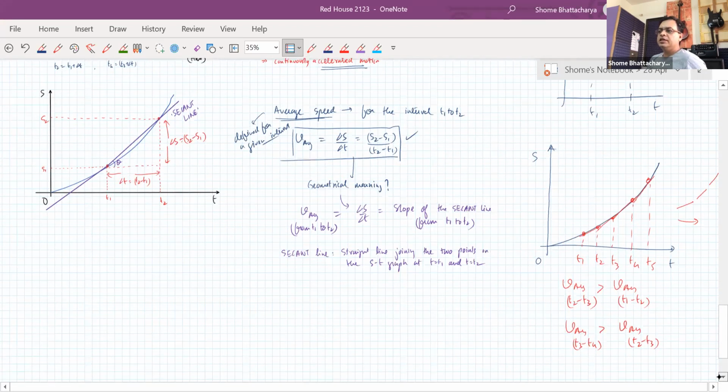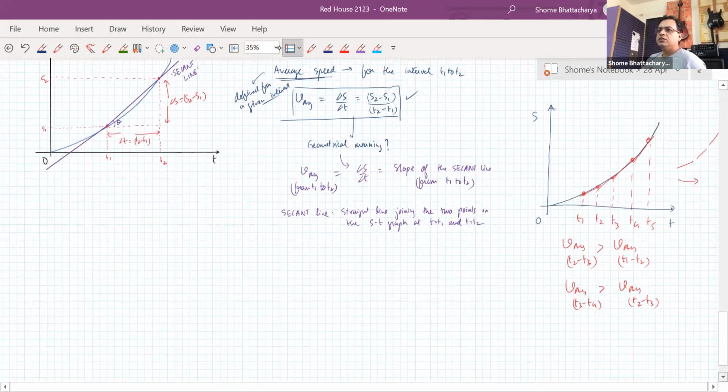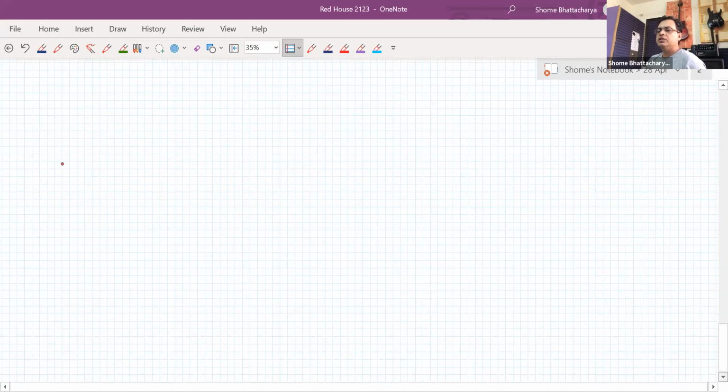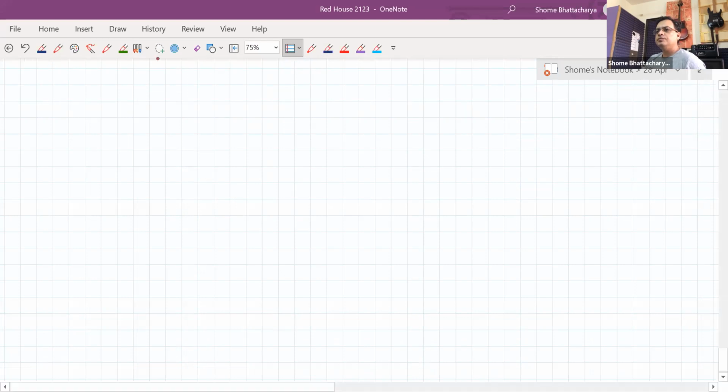Now let's come to instantaneous speed. That is the whole subject of calculus, that is how we will eventually deal with the problem of instantaneous speed. So this is speed at an instant.